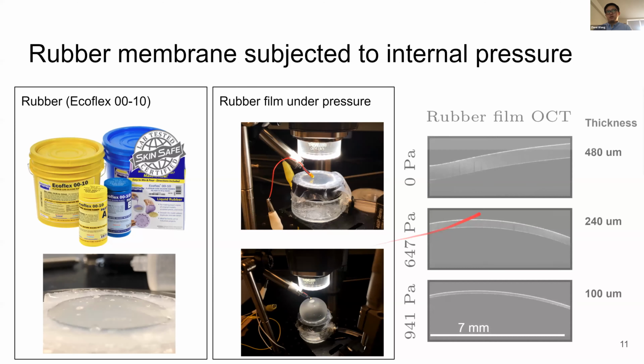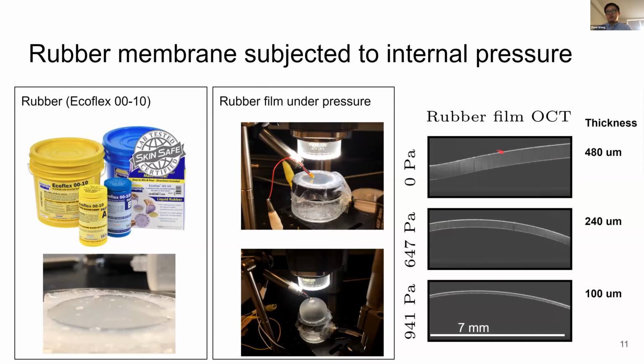The OCT image shows the topography of the rubber membrane, and we observed a significant thickness change from 480 microns at 0 Pascal of pressure down to about 100 microns when the pressure is as high as about 900 Pascals.